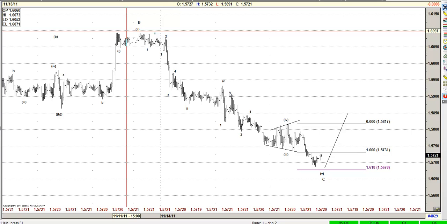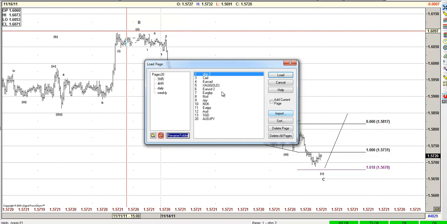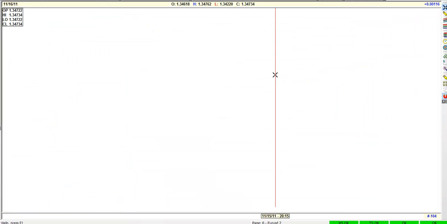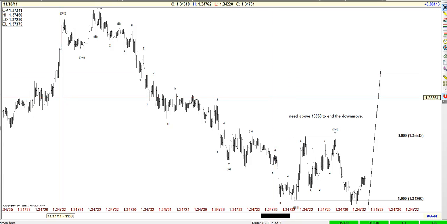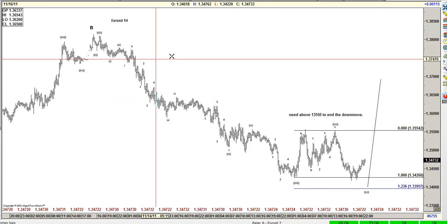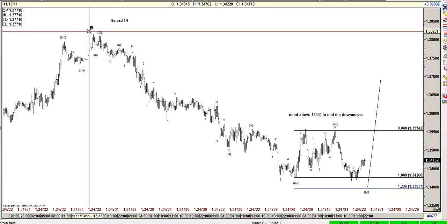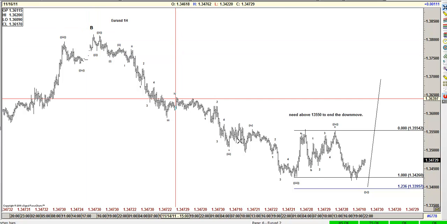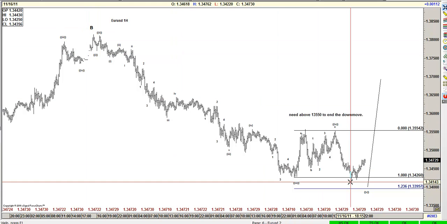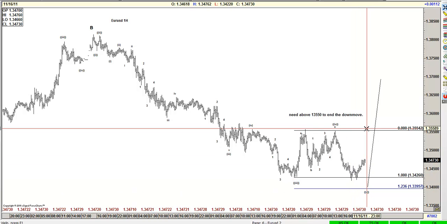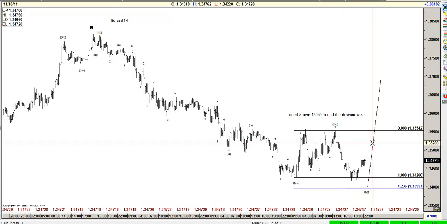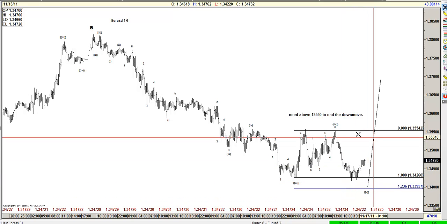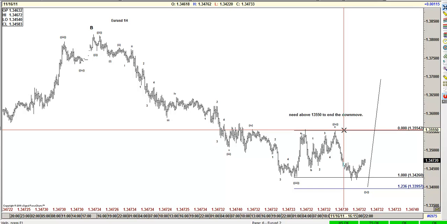Let's take a look at euro. Look, we presented this count in the money, and it looks to be the one in place. A nice 5-wave move. Now, what do you need? In order to get long, you need a defined 5-wave move from the lows or a break of 35.50.